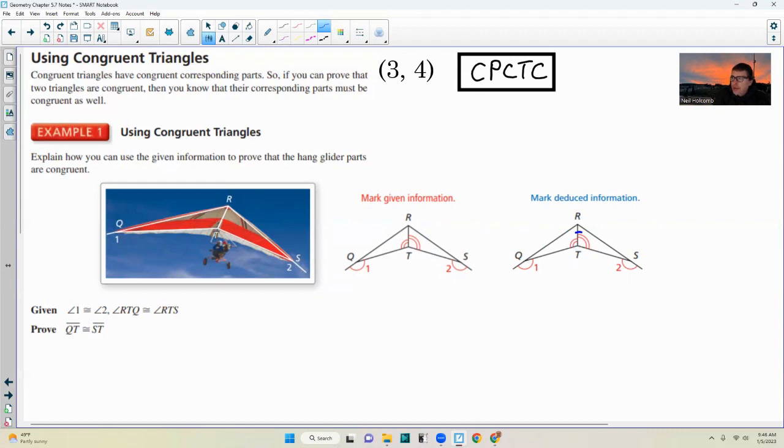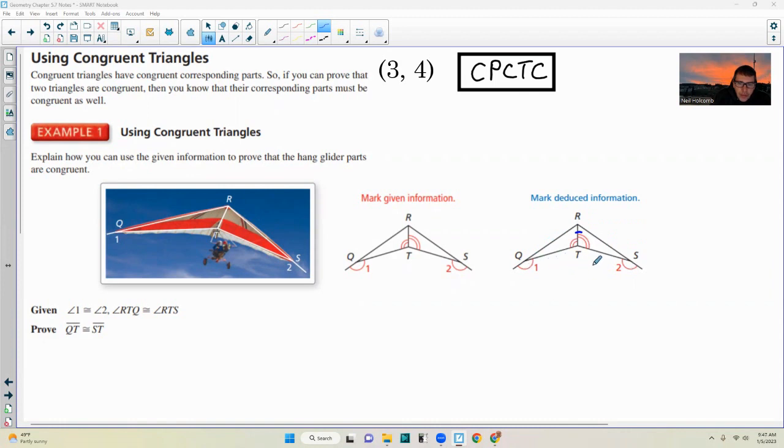Okay, so what else can we get from this diagram? I know RT is congruent to itself. Angle 1 is congruent to angle 2. I can't call it Q or S because there are two angles there and two angles here. The QR segment extends beyond, and this is a straight line. And this is a straight line.